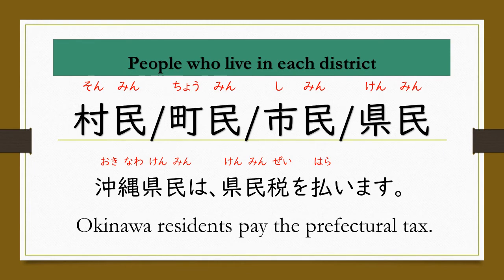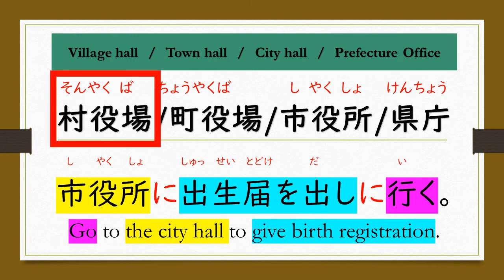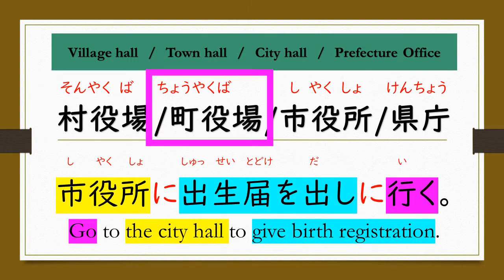Example, 沖縄県民は県民税を払います。Okinawa residents pay the prefectural tax. 税 means tax. Next, village hall 村役場, town hall 町役場, city hall 市役所.